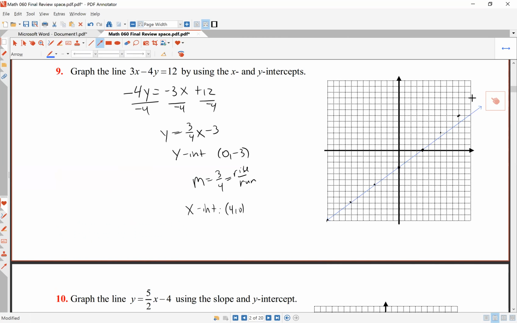It's appearing that I counted incorrectly when I did these points. So I'm rising 1, 2, 3, and running 1, 2, 3, 4.